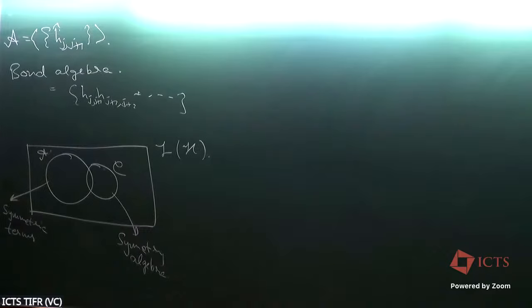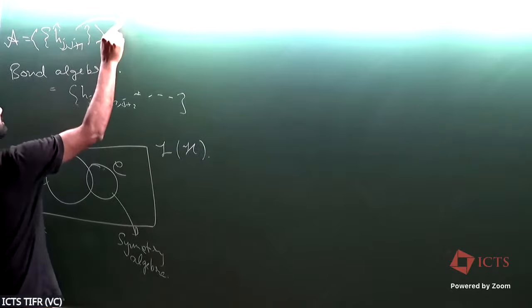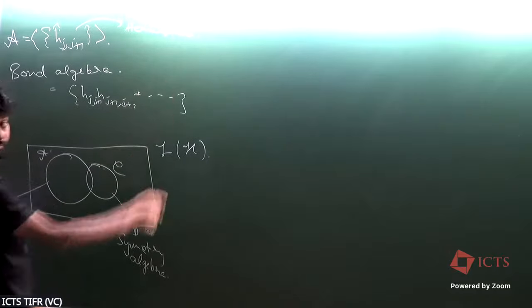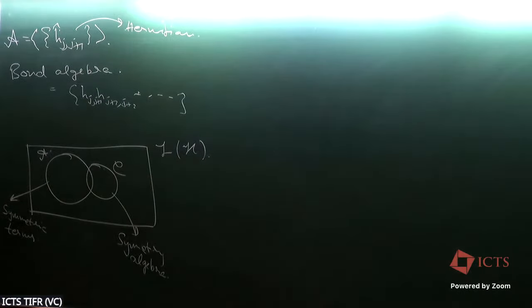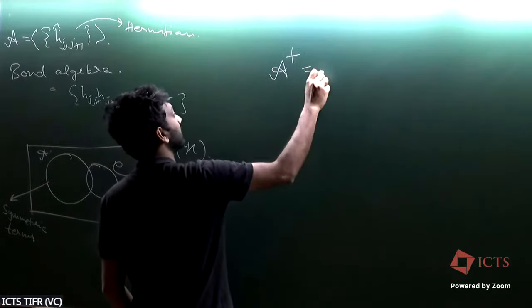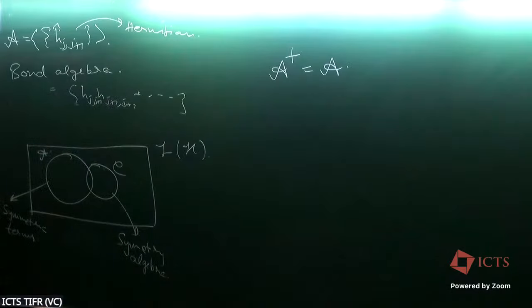Okay. So just a few nice properties of these algebras: I usually start with Hermitian terms, which means that this algebra A is closed under the conjugate transpose, the Hermitian conjugate.